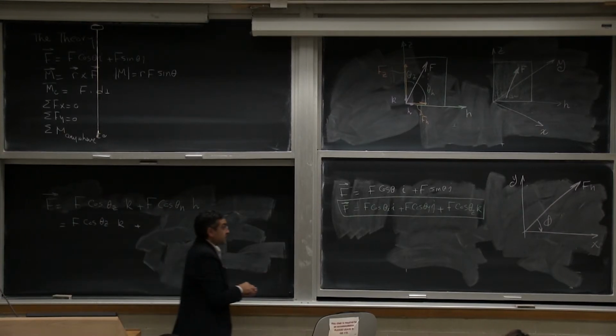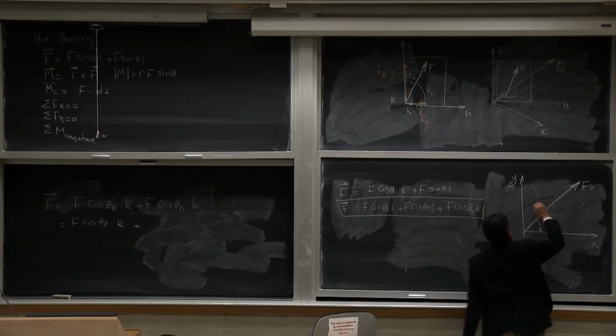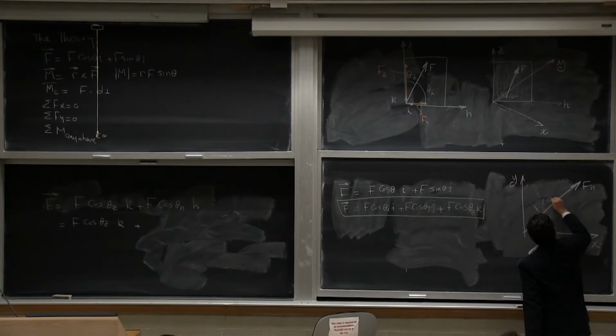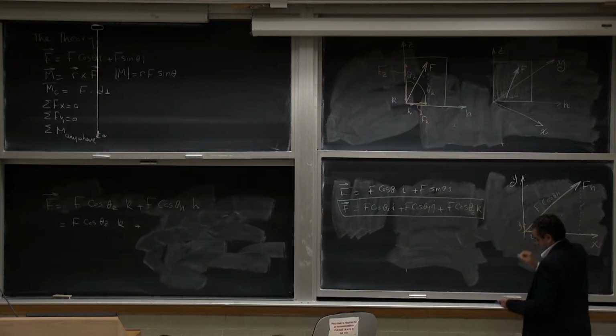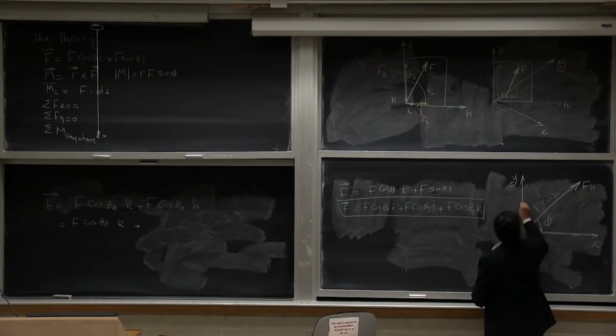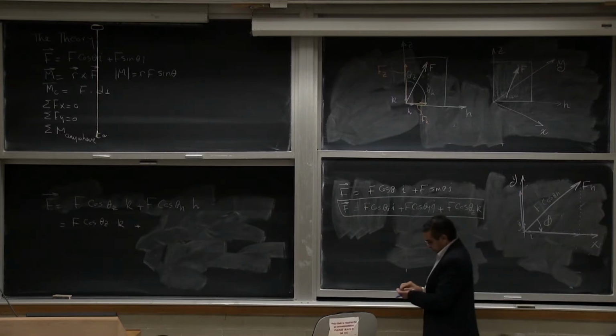So this force here is actually F cos theta_h. Well, it has a component here, and this is i, and this is j. And this component here is none other than F_x, and here none other than F_y.